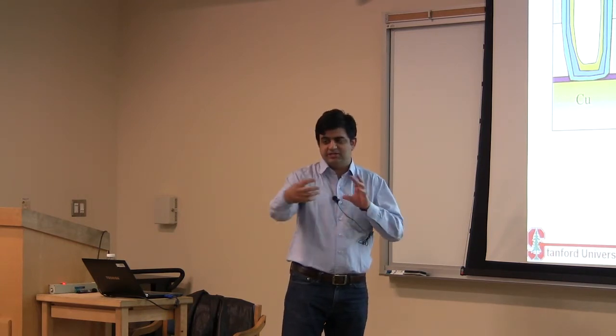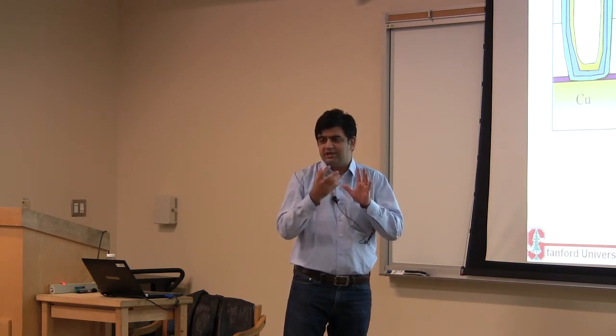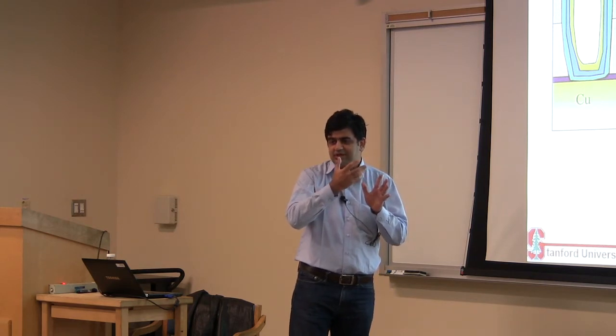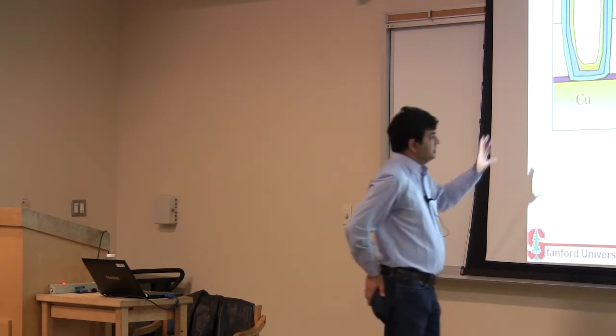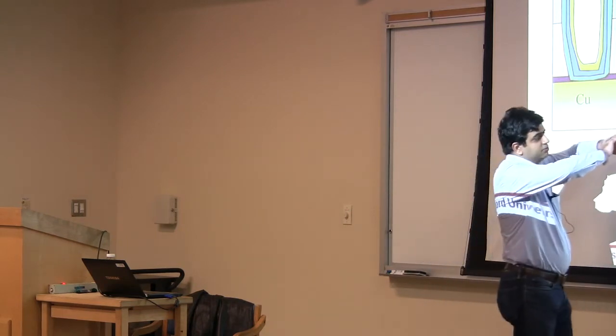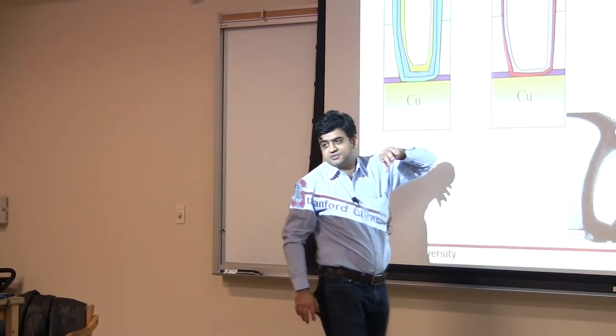You attach three methyl groups to aluminum, and that TMA is a volatile species. It comes on the surface, and then those methyl groups leave, and you're left with aluminum on your surface, right?